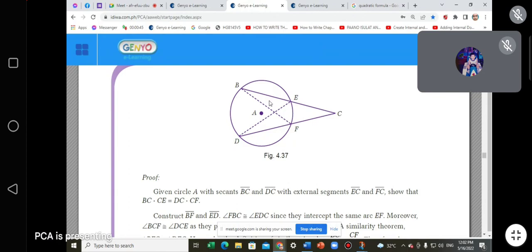So instead of chords, we now have two secants, from point B to point C, and from point D to point C. They are not intersecting inside the circle; the point of intersection is external, at point C. When you extend the secant from point B in that direction, and this other secant from point D, from the circumference of the circle, we intersect at point C, the external point.